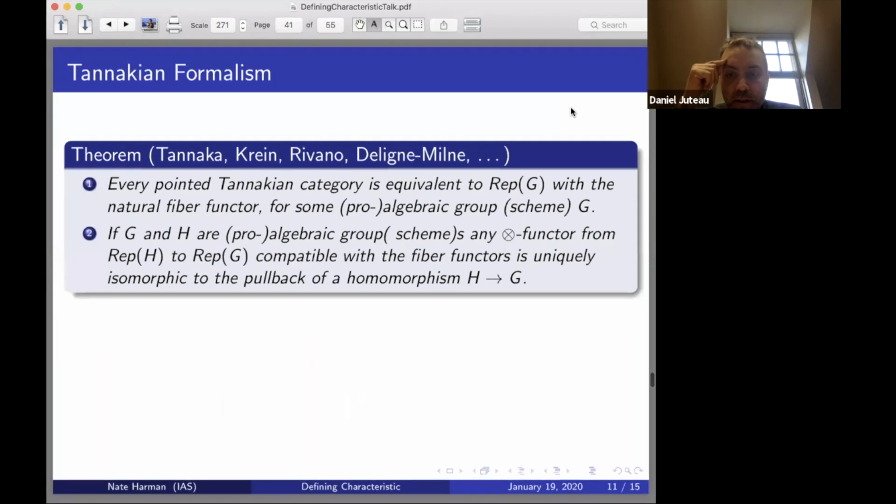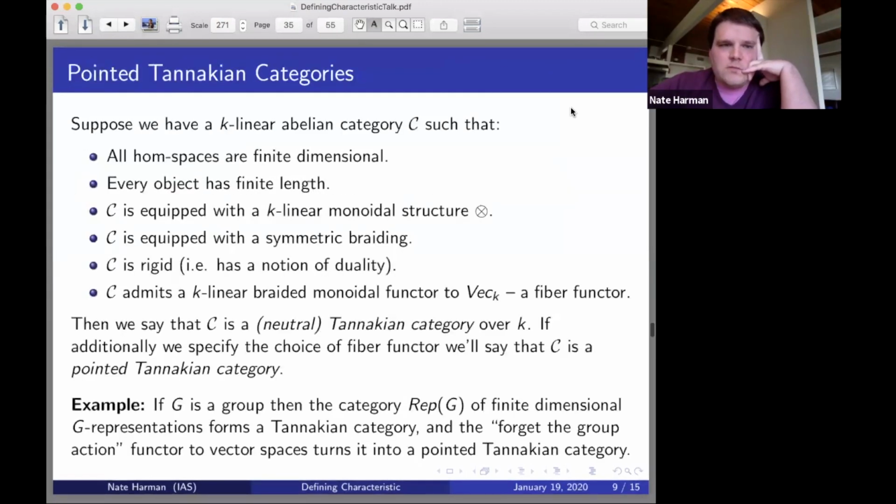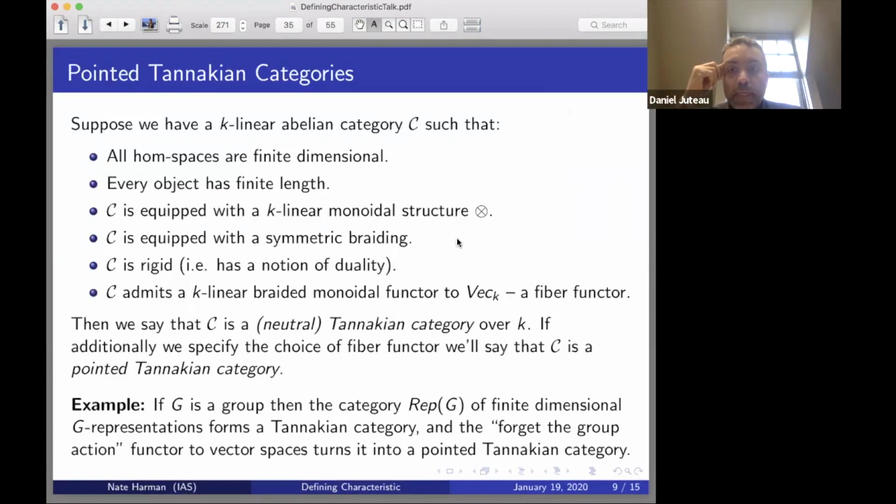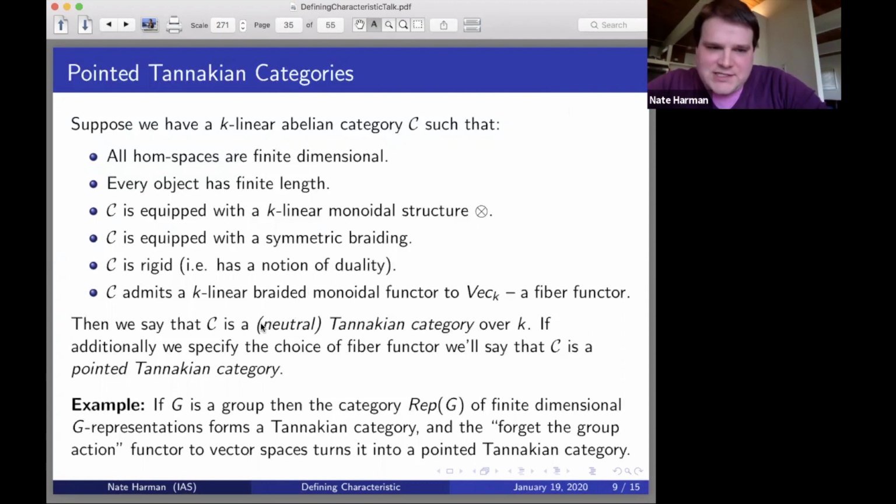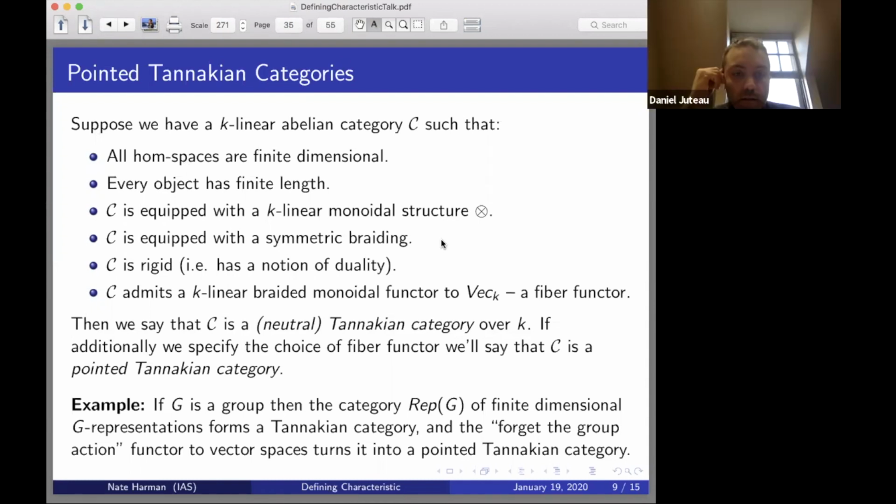You might be right, I might have missed one. I think this is actually encoded in this neutral business: I want endomorphisms of my unit object to be K itself, the field, and not some algebra over it. So maybe I should have included that in the axioms here. And I think that might address this connectedness issue.